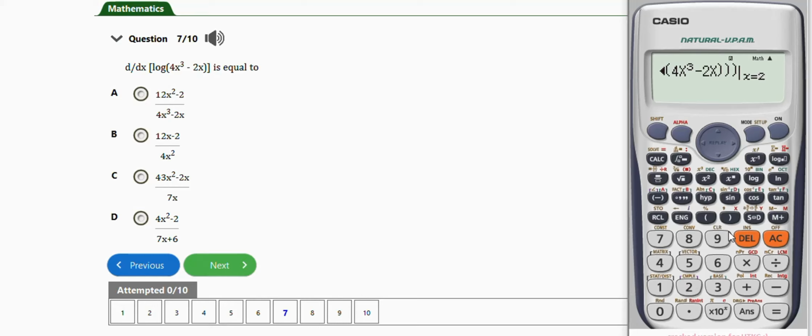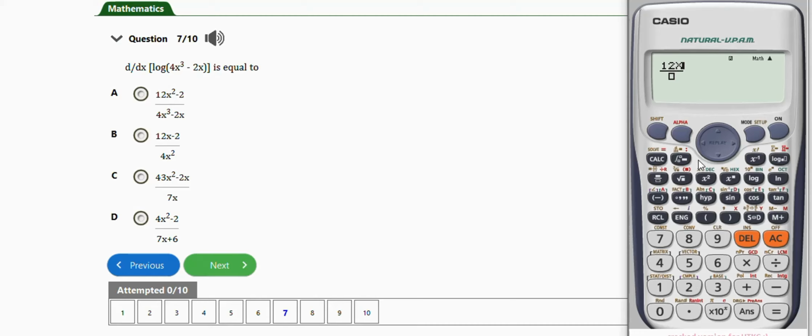So let's press equal to now to see the output. So we have 0.713. Right now, we're going to evaluate the options. Anyone that gives us 0.713 will be the answer to this question. 0.713. So let's begin with option A. So we have 12x after this.